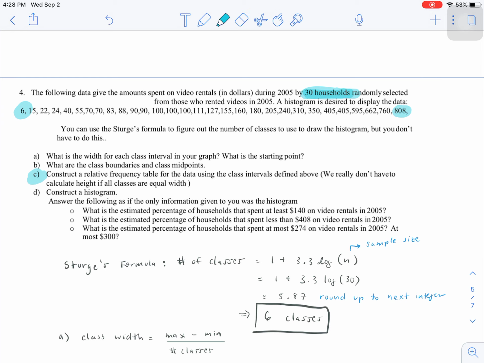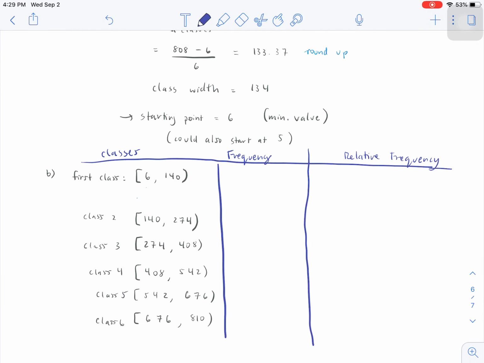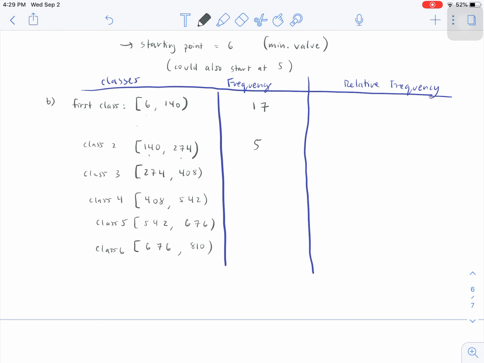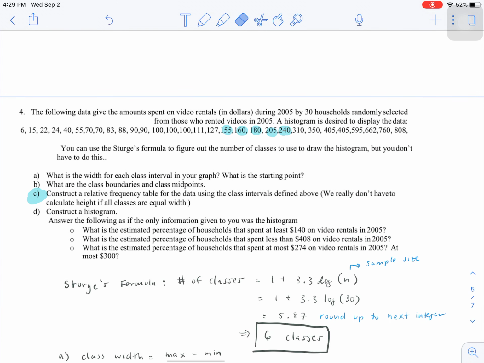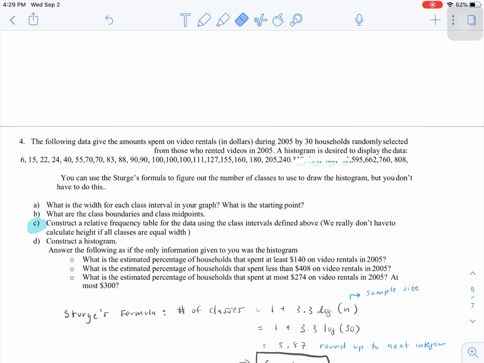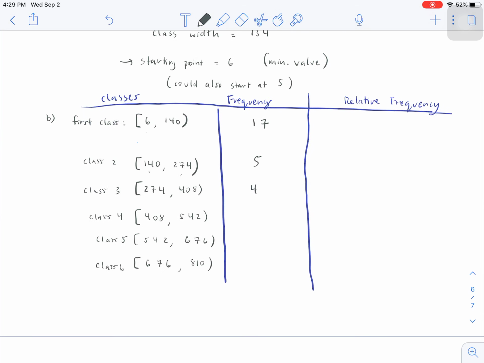So I see that there's 1, 2, 3, 4, 5, 6, 7, 8, 9, 10, 11, 12, 13, 14, 15, 16, 17 data points in my first interval.